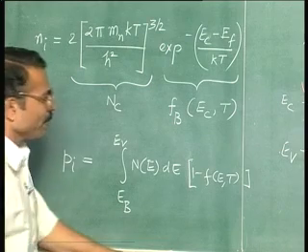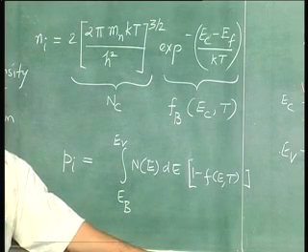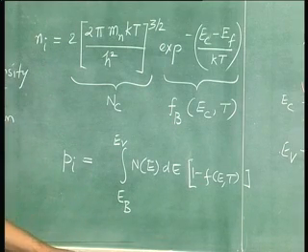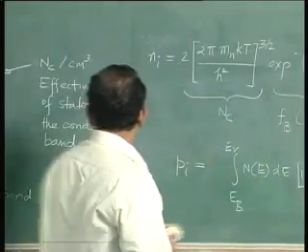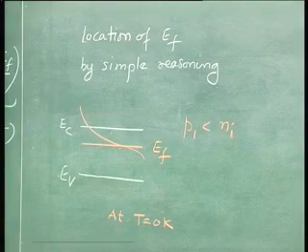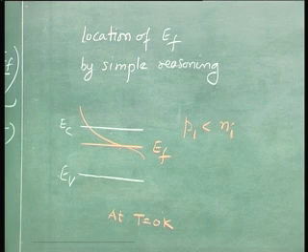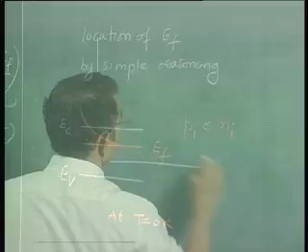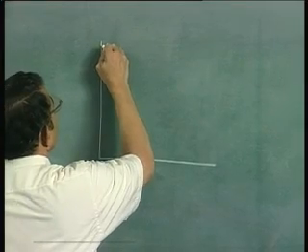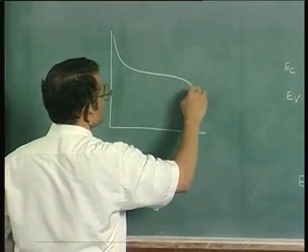Now look at the Fermi-Dirac function, and 1 minus the Fermi-Dirac function. Your Fermi-Dirac function at any temperature T is, let us say, something like this.